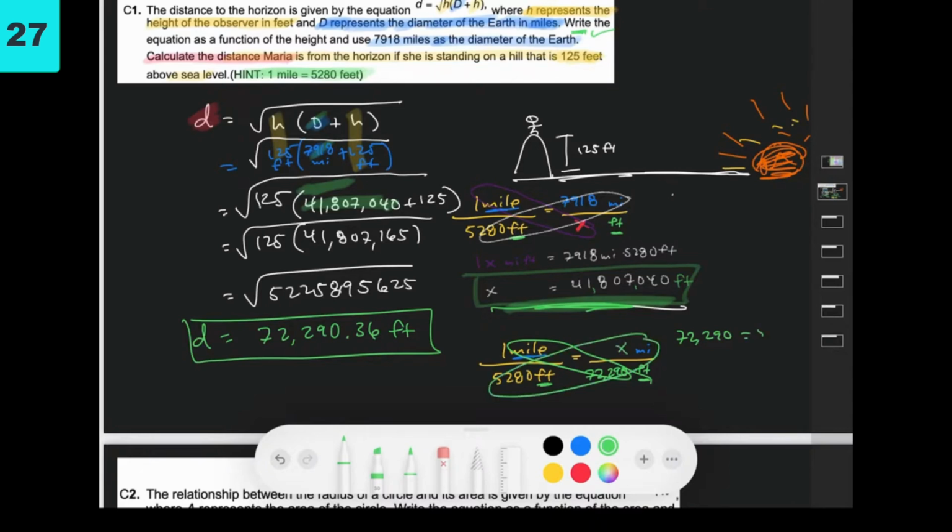So 5,280x, so we're just going to divide this number by 5,280. This will cancel, and when you divide that, you will get approximately 13.7 miles. So 2 ways to get the answer here, feet and miles. Read the problem, draw yourself a picture, super helpful. This problem was a little bit difficult just because it had conversions in there.